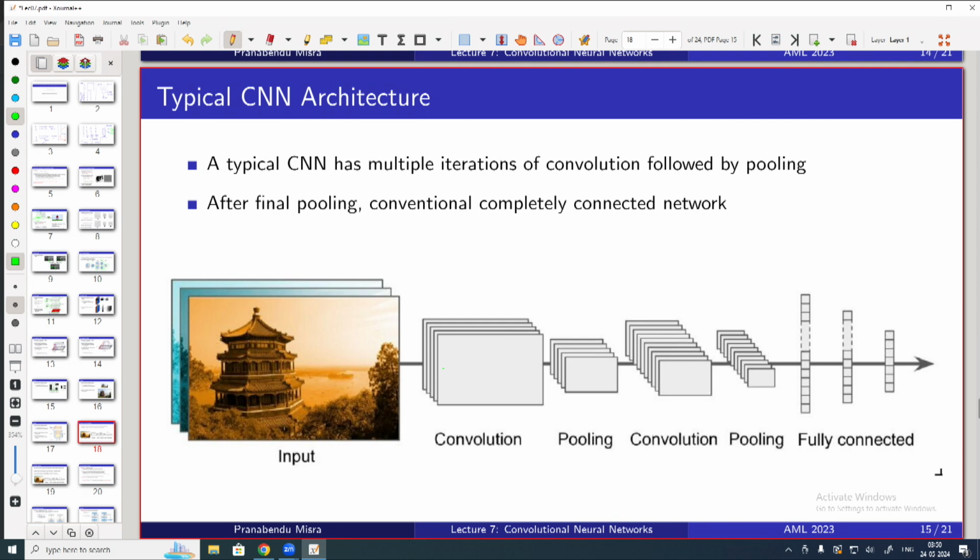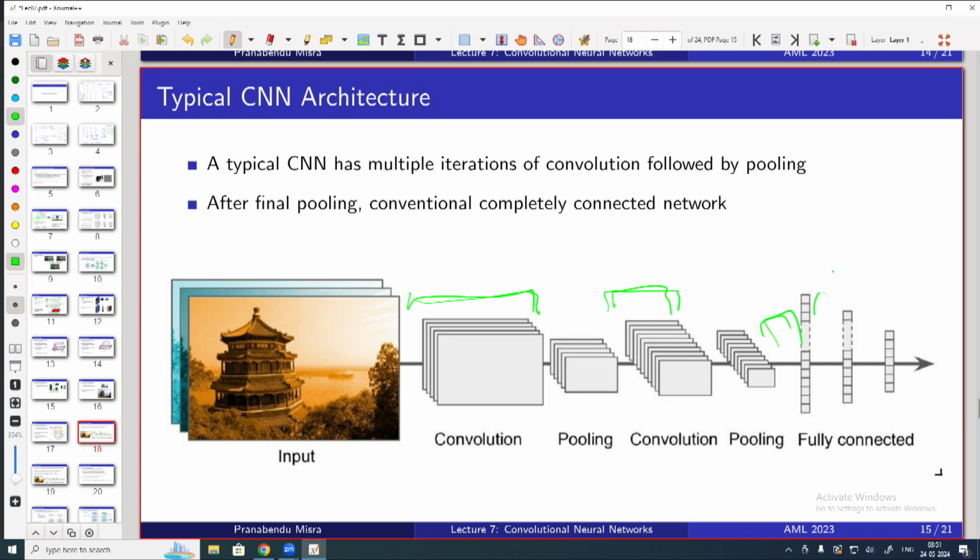So, this is what a CNN looks like. You have this input with 3 channels, then you have some convolution, which builds a lot of feature maps of simple features. Let us ignore the pooling part for now. Then there will be another set of convolutions building more feature maps of more complicated features. Then again some more convolution, and finally you have built up maps of lots of complicated features.